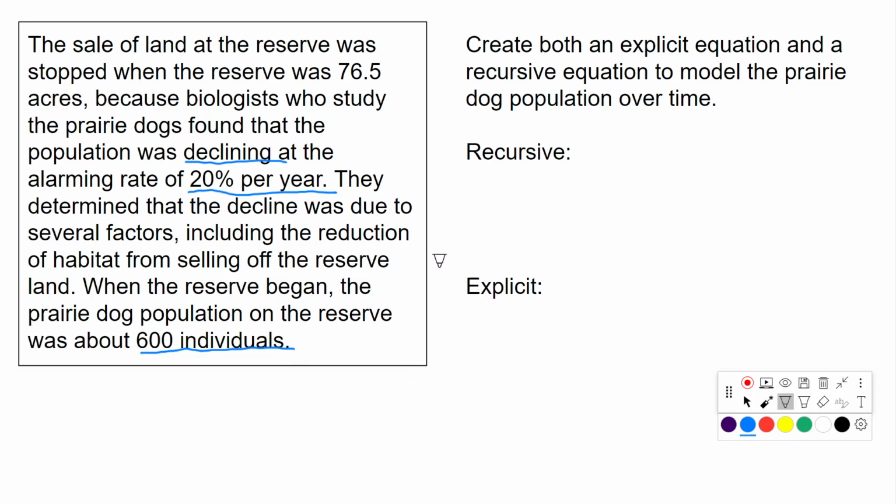So a couple of things we need to think about here. When we write our equations to model the population, we're looking at how many are left over time. You need to think about that we start with 100%.